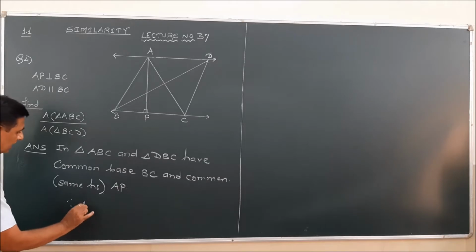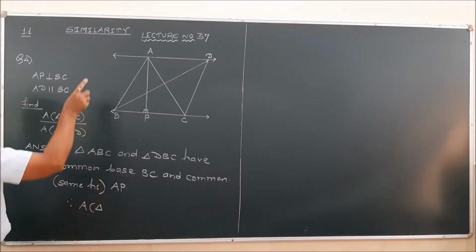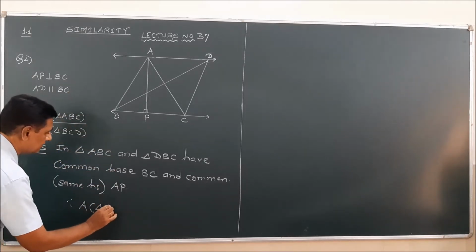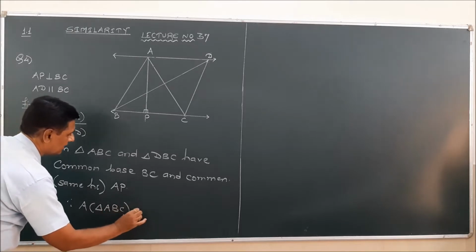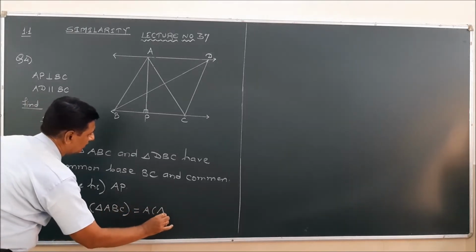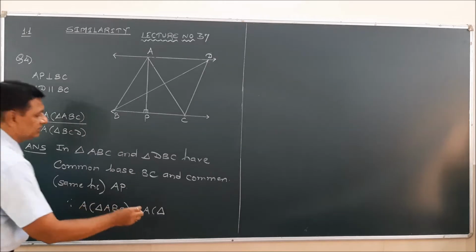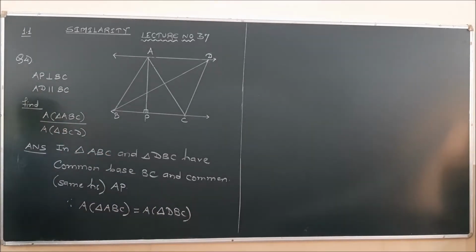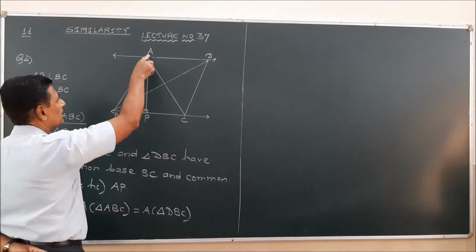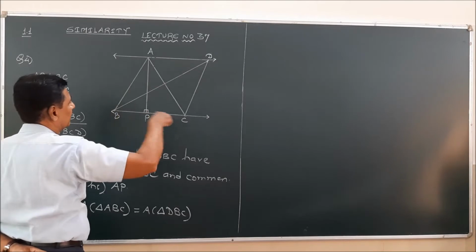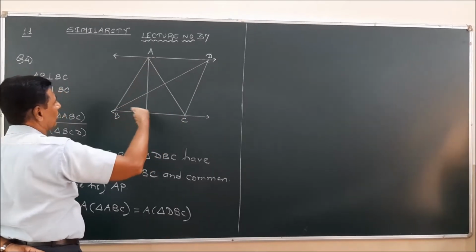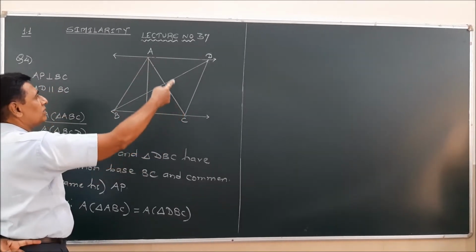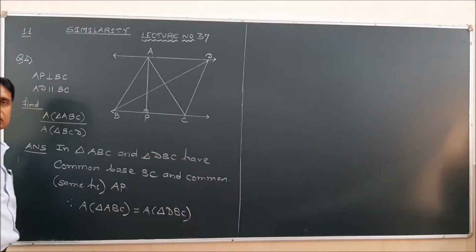Therefore, area of triangle ABC is equal to area of triangle DBC. Their areas are same. The reason is, as I explained, BC is a common base, AP is the distance between two parallel lines, and therefore AP is height for triangle ABC as well as for DBC.